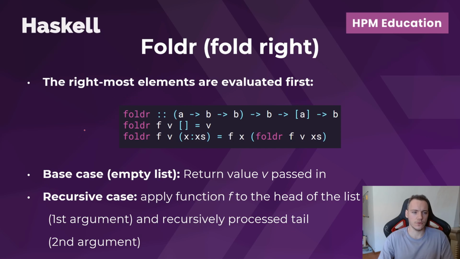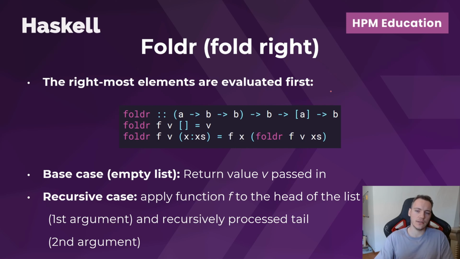Let's start with fold right. So it says here that the rightmost elements are evaluated first in fold right. And strictly speaking, this is true. If we have strict evaluation, then with fold right, the rightmost element of the data structure, or let's say list, will be evaluated first.